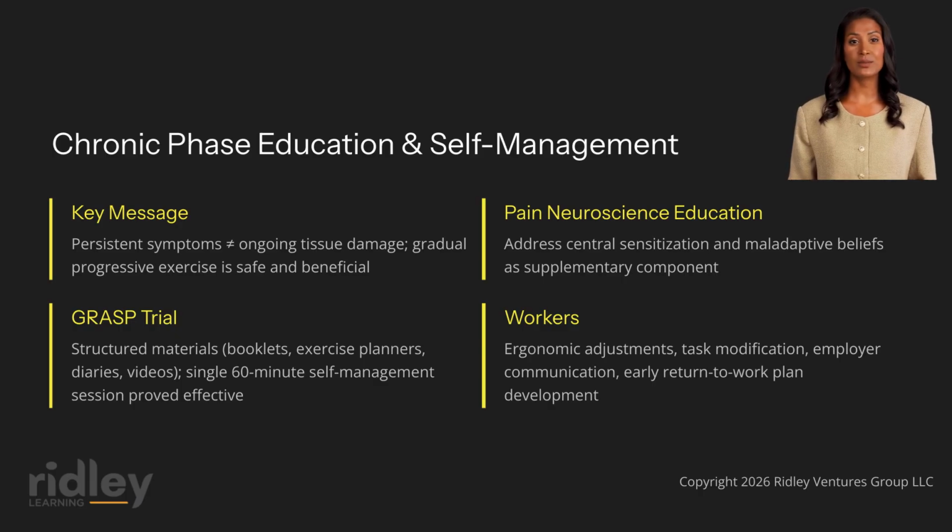The GRASS trial demonstrated the value of structured education materials, including advice booklets, exercise planners, diaries, and access to exercise videos in optimizing adherence and outcomes, with even a single 60-minute session focused on self-management strategies and independent exercise progression proving effective. For workers, education should include ergonomic adjustments, task modification, and communication with employers and occupational health teams, with early development of a return-to-work plan.